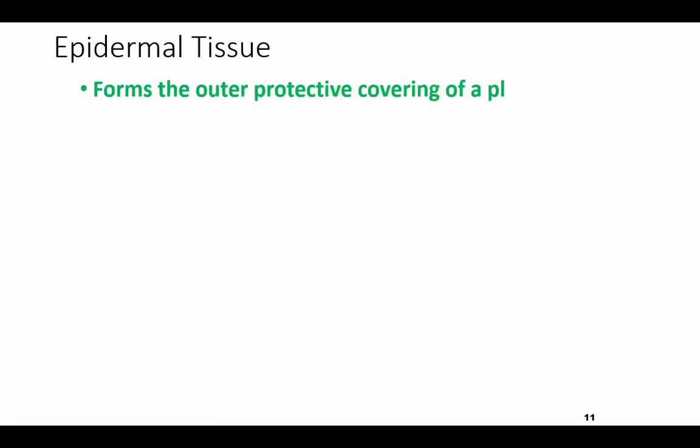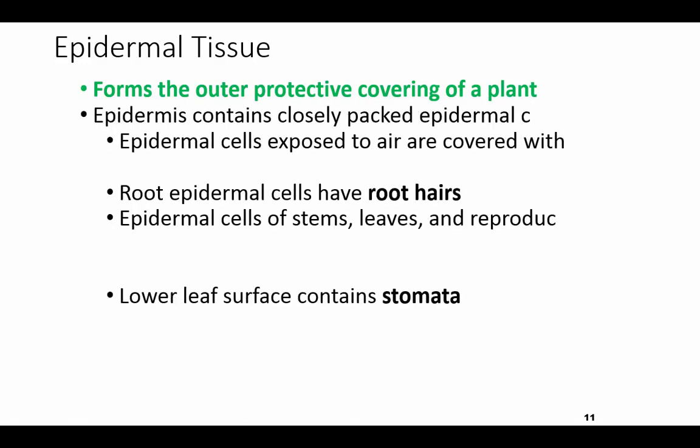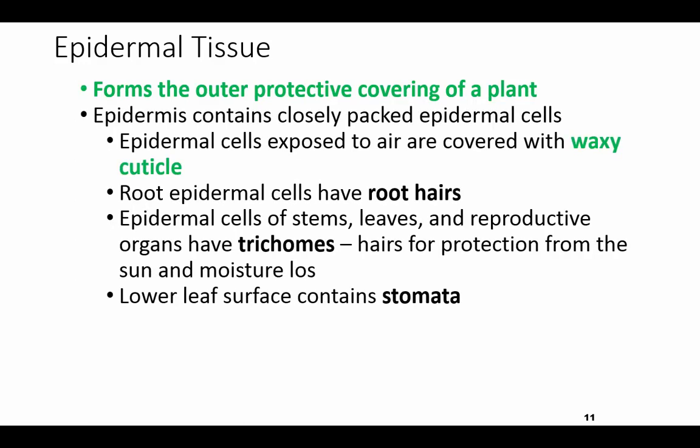This epidermal tissue forms the outer protective covering of the plant. The epidermis has closely packed epidermal cells, and they are covered with a waxy cuticle to prevent water loss. And the root epidermal cells have the root hairs that we mentioned earlier.